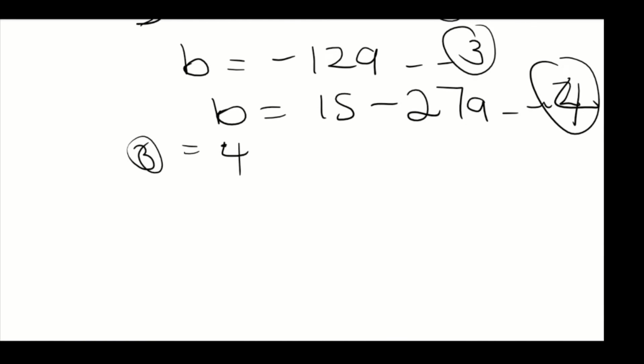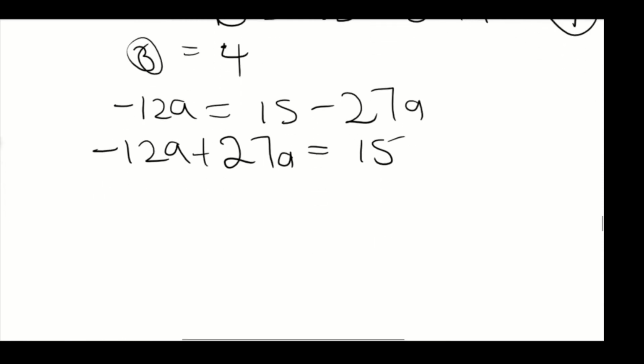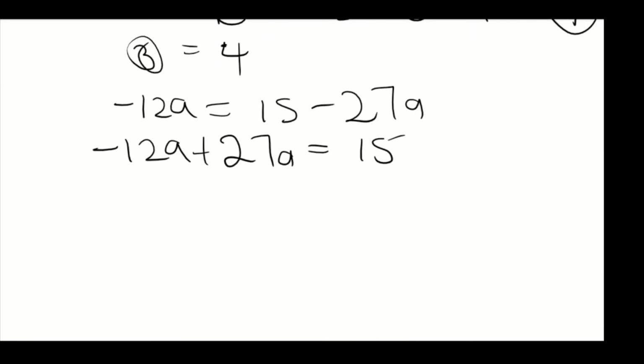Equation 3, which is -12a, equals equation 4, which is 15 minus 27a. Transpose 27a to the other side. We have -12a plus 27a equals 15. Then -12a plus 27a is going to give you 15a, which is equal to 15.